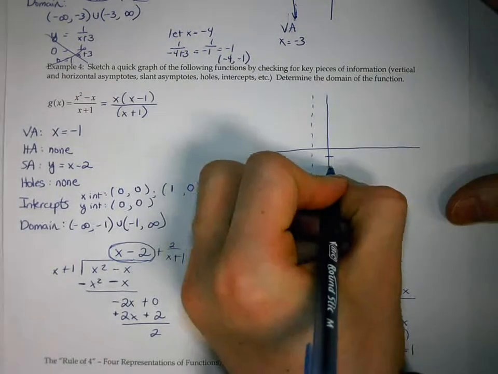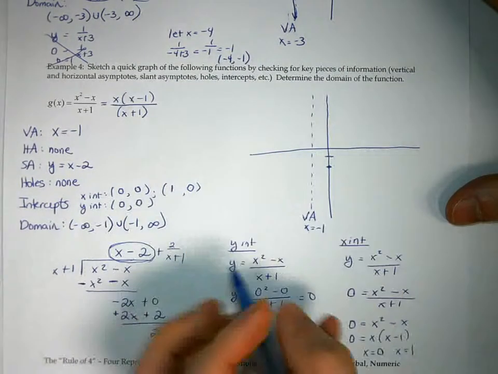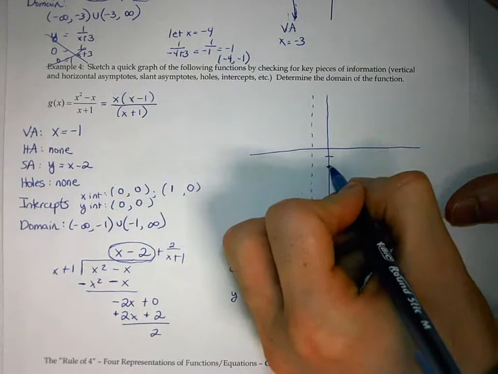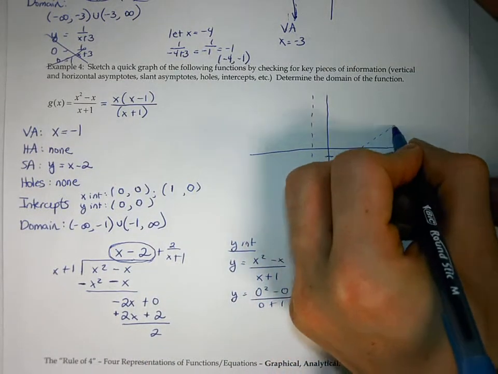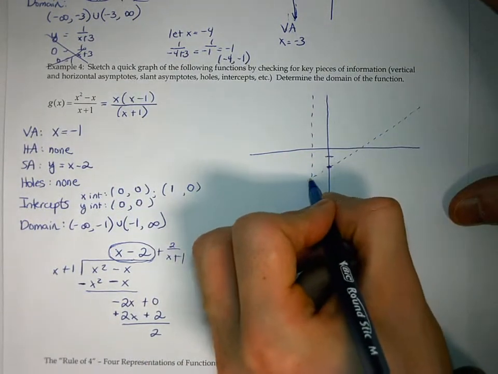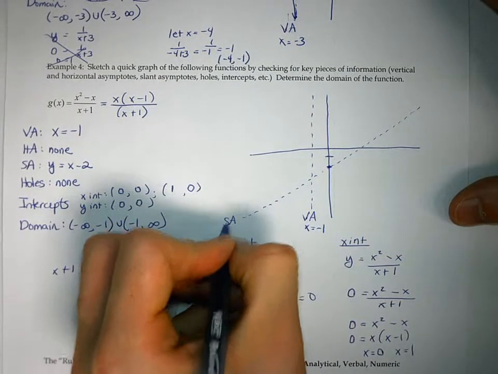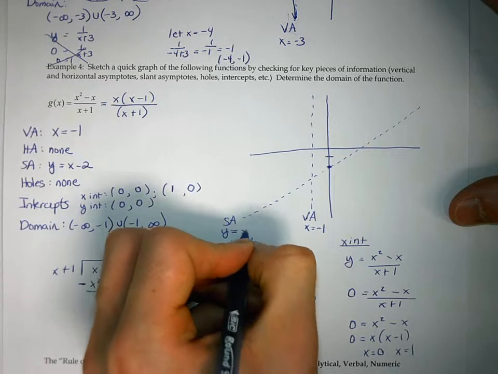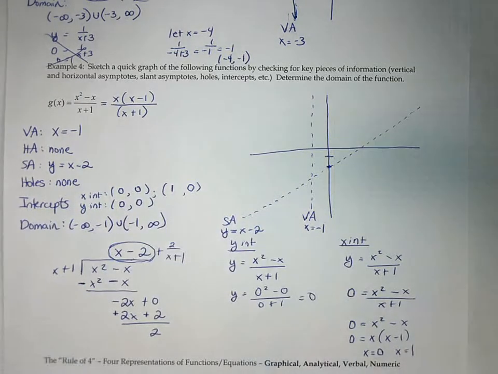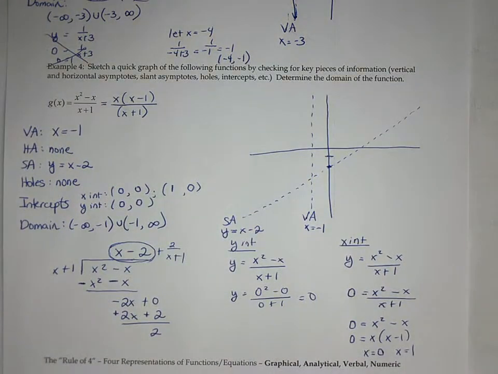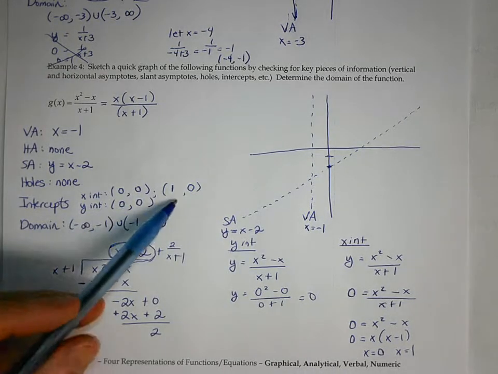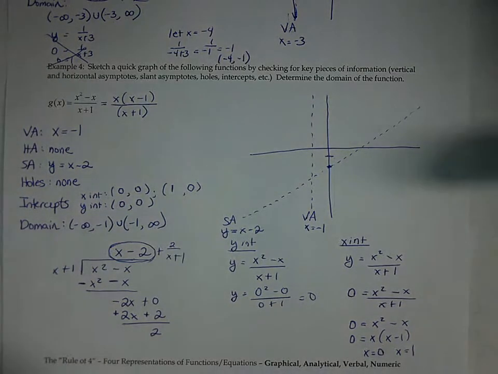If we have the line x minus 2, that's a y-intercept at -2 and a slope of 1. So our slant asymptote is going to be just a straight line, y equals x minus 2. We've got our intercepts at 0, 0, and then 1, 0.